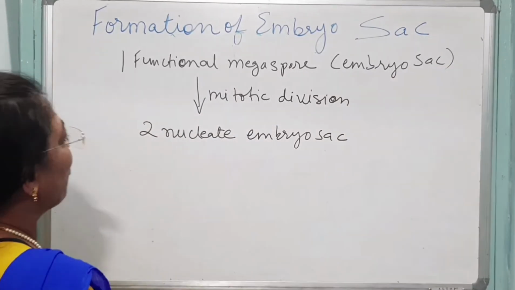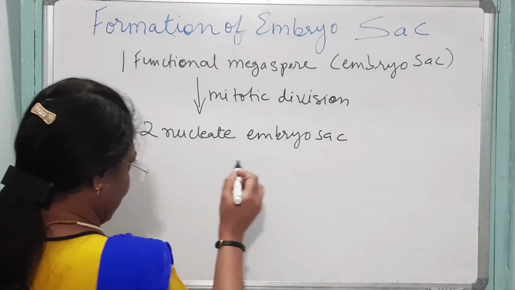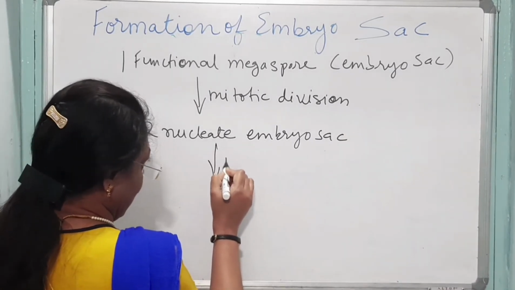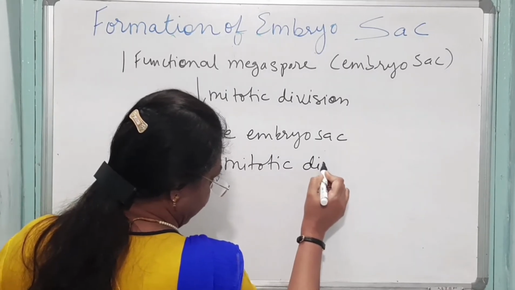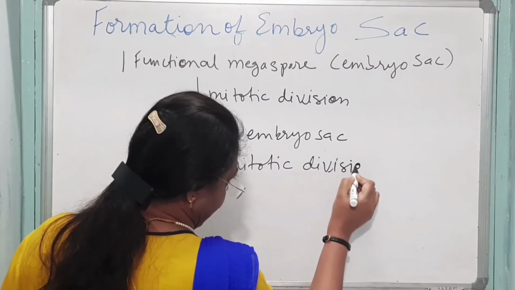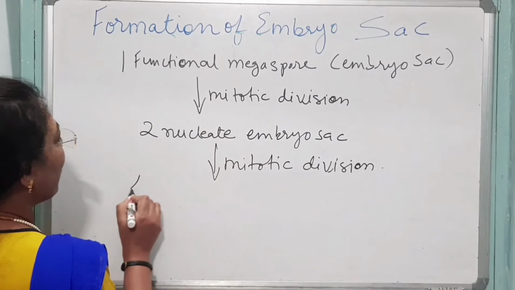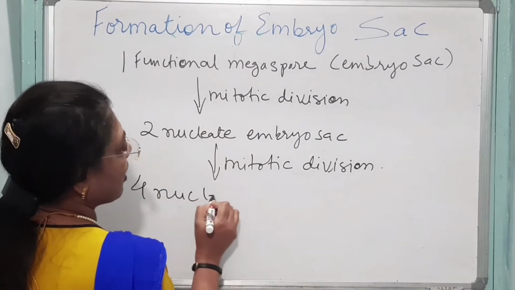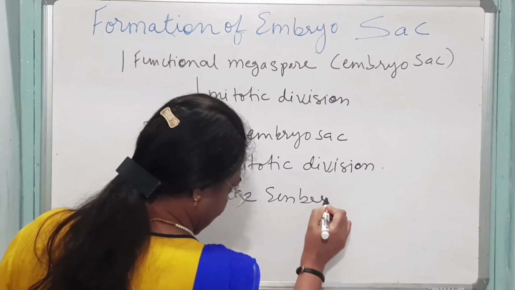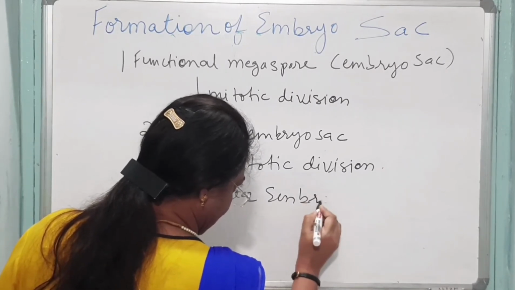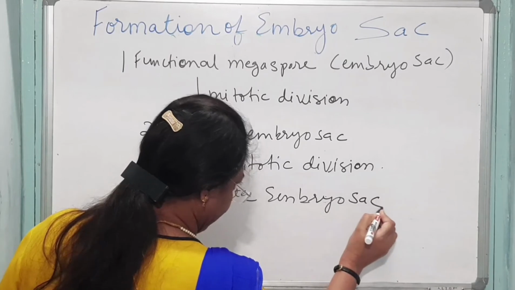Now this 2 nucleated embryo sac undergoes mitotic division to form a 4 nucleated embryo sac.